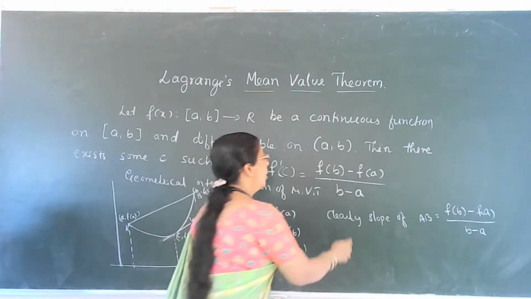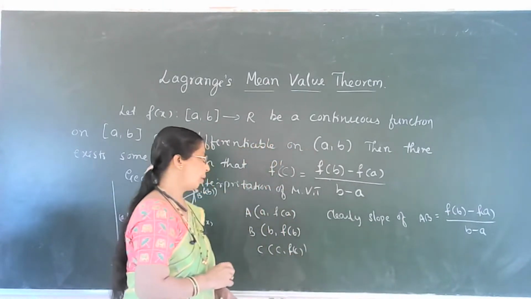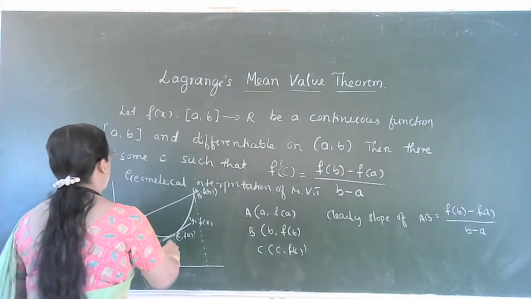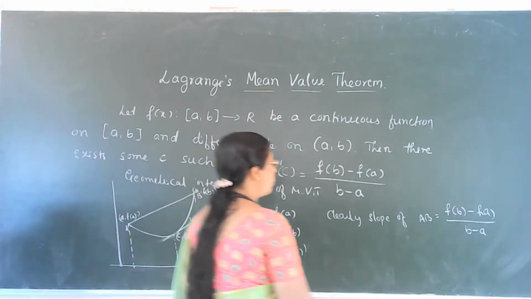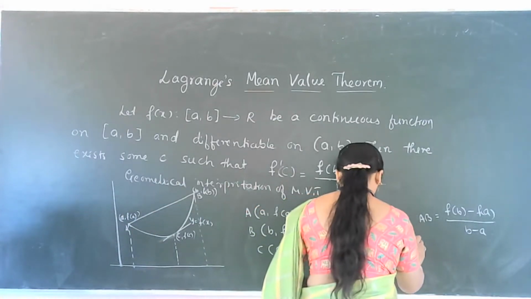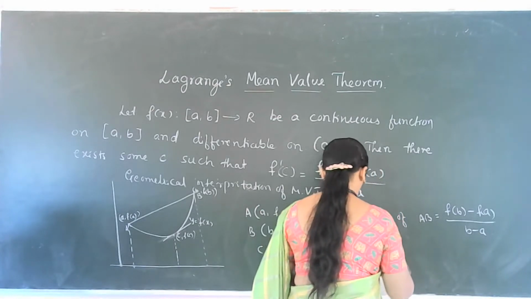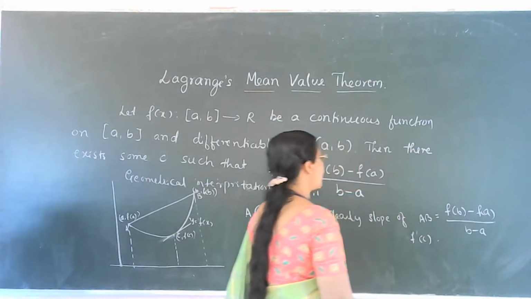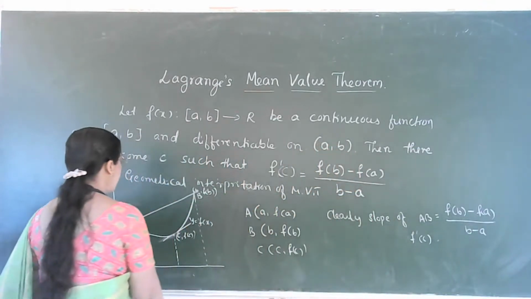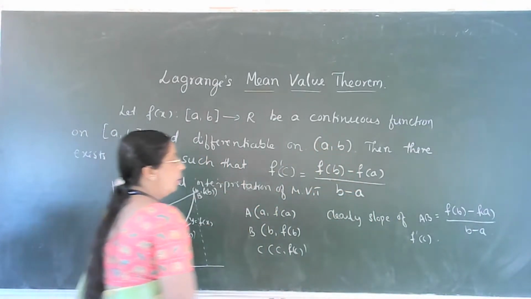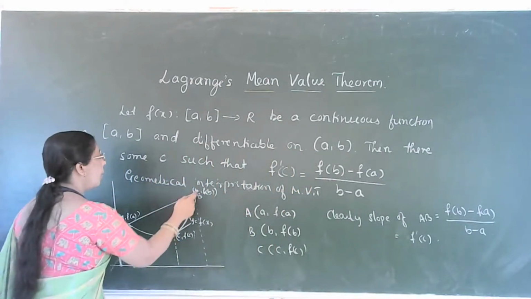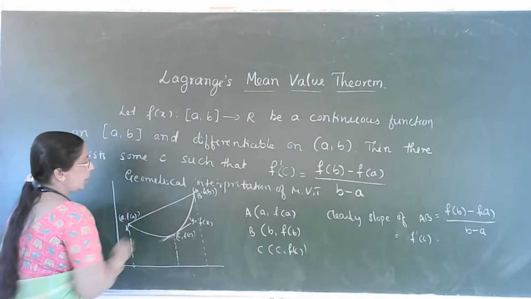It's nothing but the derivative of this function f of x. Therefore, we write it as f dash c. Here it is f dash c, because these three tangents are parallel to each other.